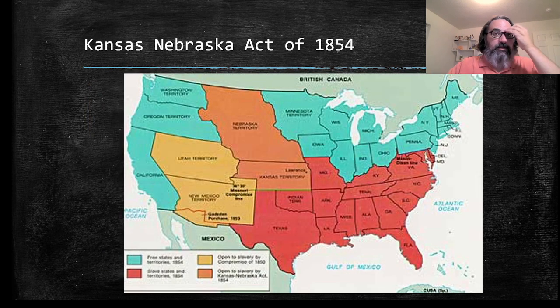But as you progress through, you have the Kansas-Nebraska Act of 1854. This essentially nullified the Missouri Compromise.